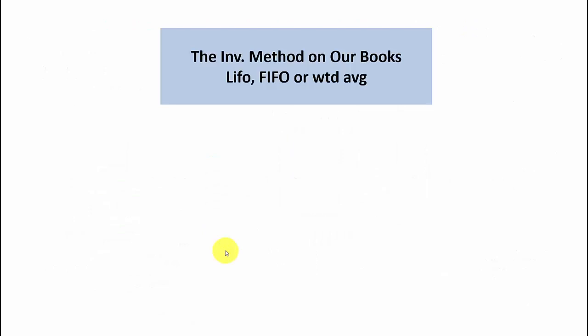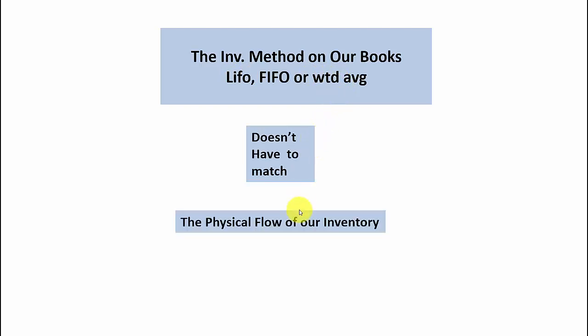Okay, really important point to understand about these three methods, LIFO, FIFO, and weighted average. You can use any one of these methods you want to on your books, and these methods do not have to match or agree with the physical flow of your inventory. For example, if you're a grocery store or any kind of business that sells perishable items like milk or fruit or vegetables, then you would be naturally using first in, first out, so that you make sure that you get the freshest fruit out there for your customers.